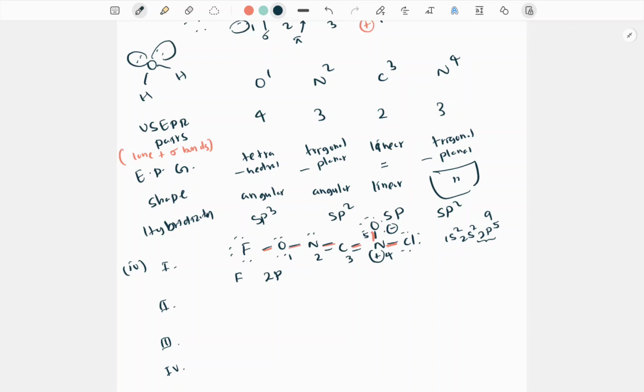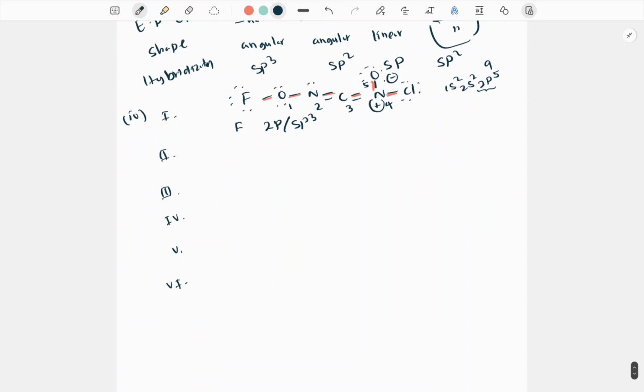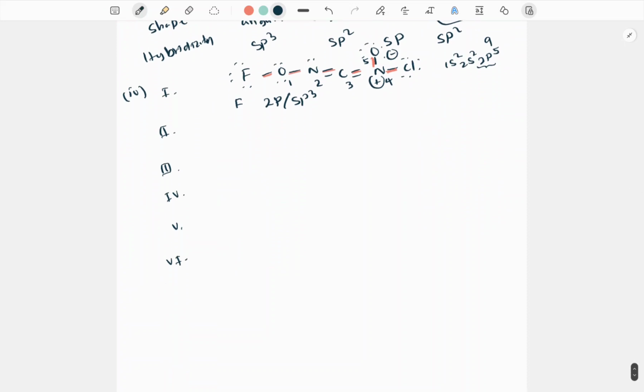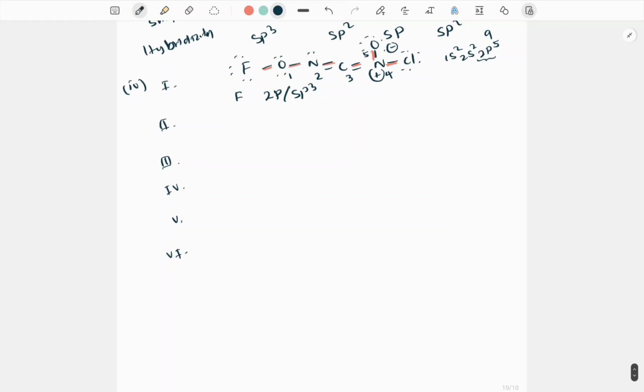If we are going with hybridization rather than atomic orbital, the hybridized orbital would be sp3. Right? How it is actually hybridized, since it is the first example, I will tell you. This is the ground state of fluorine.